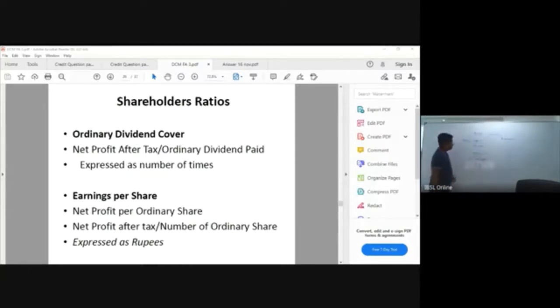It will be 0.01 rupees, which is incorrect. Therefore, make sure that when you are calculating a ratio, if the denominator is in terms of thousands, then the numerator should also be in terms of thousands, right?